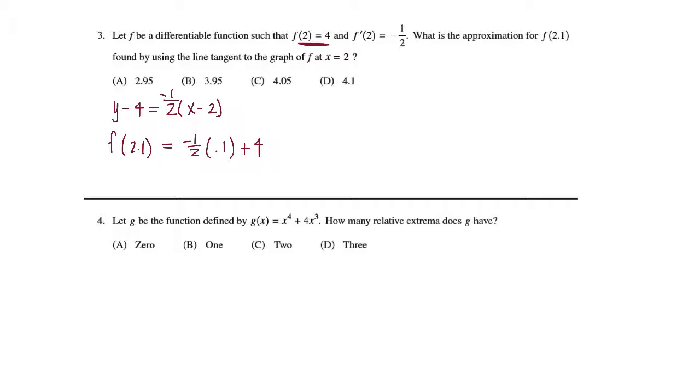And so now we have to do some math here. That -1/2, that's really -0.5. So that's going to be -0.05 once I multiply that, plus 4. So it looks like we're going to get answer choice B.